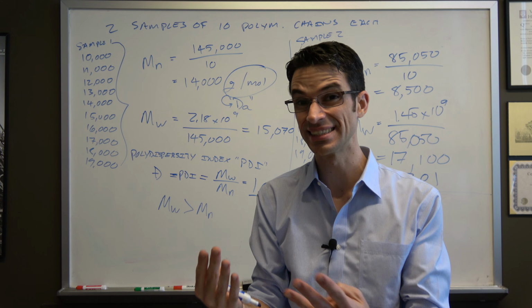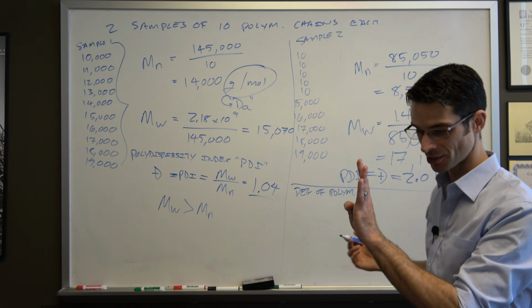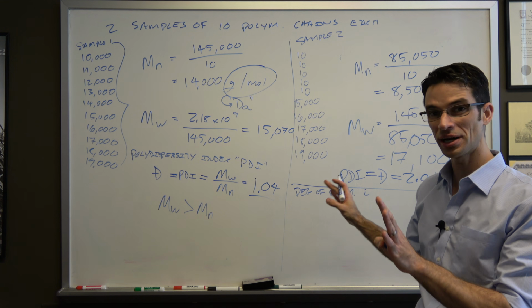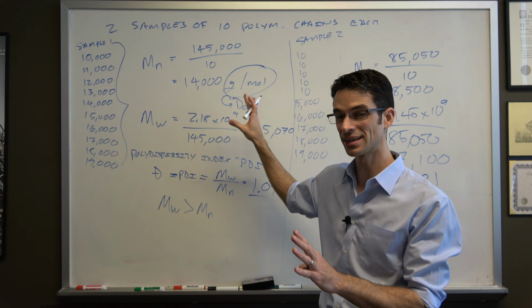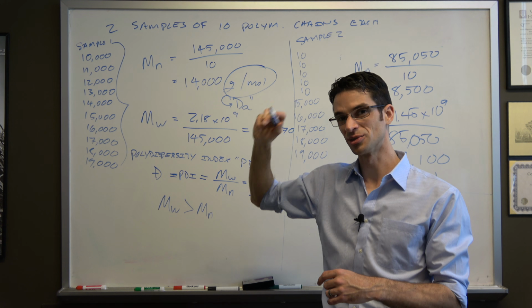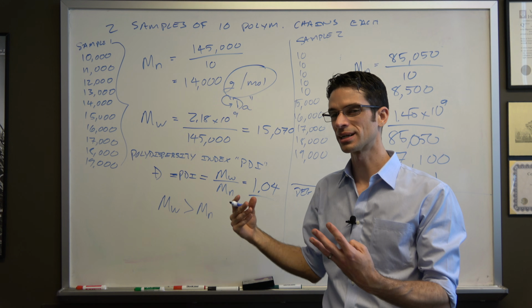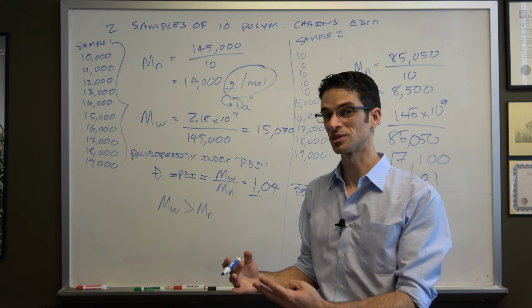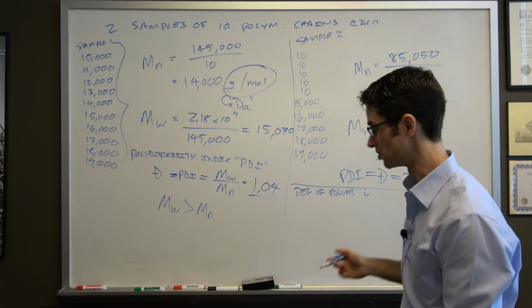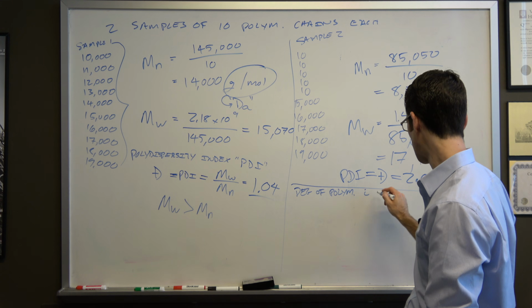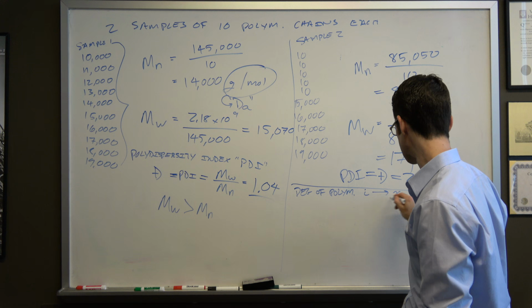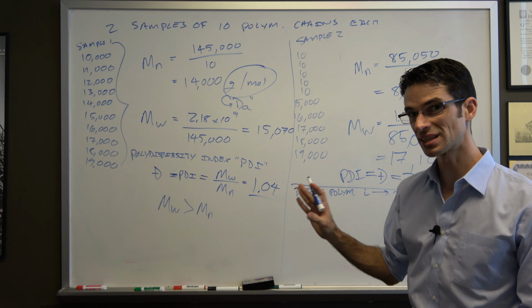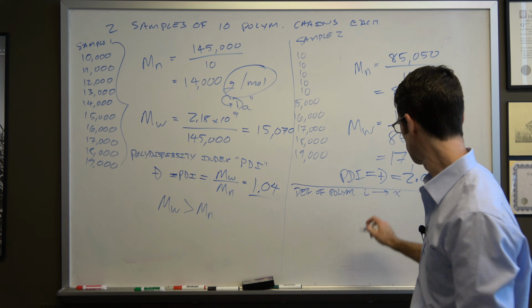You use x instead of i. So forgive me. Unless we're talking about molecular weight calculations where you always do a summation with an i, we're going to switch to talking about degrees of polymerization primarily in terms of x, so x units. Degree of polymerization i, we're going to say this is x for most of the time in the course.